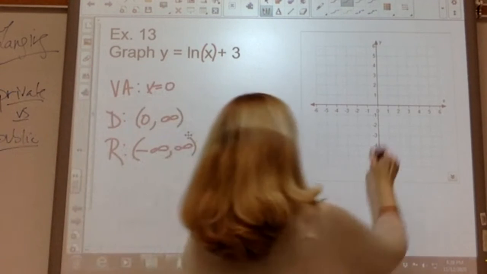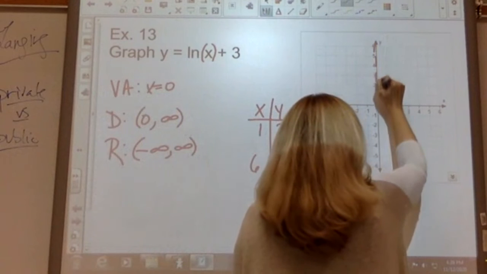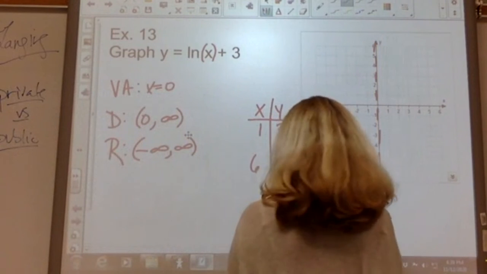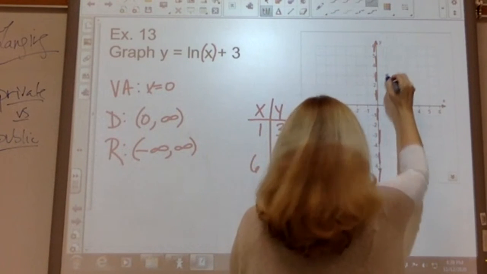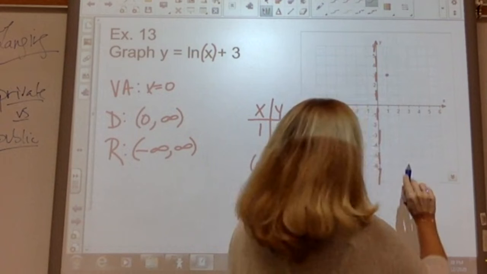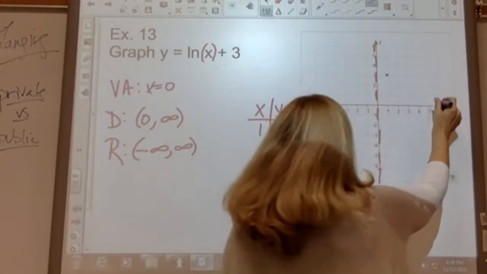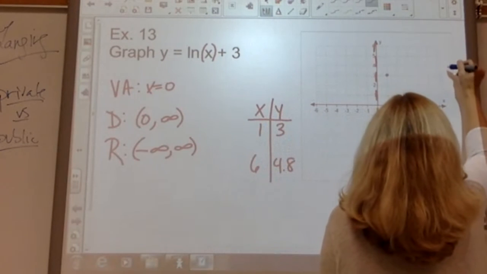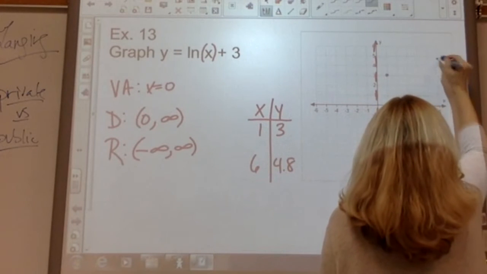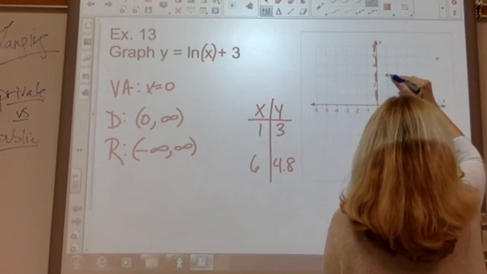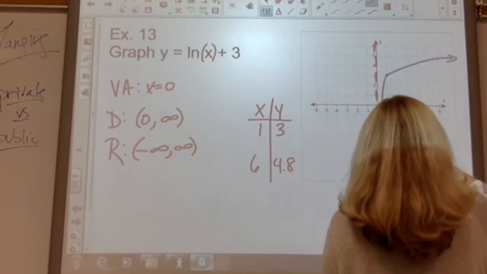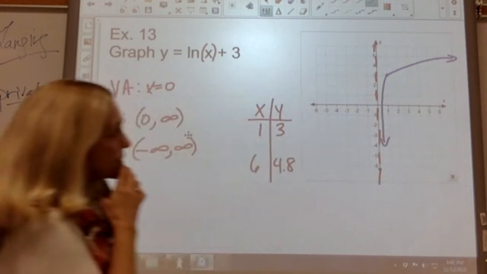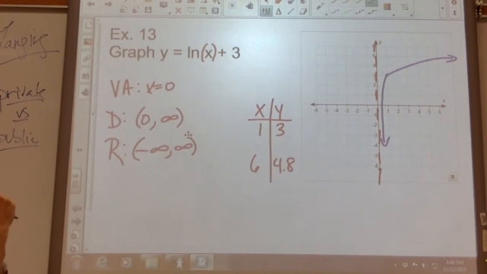So now I come over here and I graph my asymptote. And then I have (1, 3) and 6 is 4.8. Okay, and so this curve is coming up like this, and then it's going to hug this asymptote. This is it.